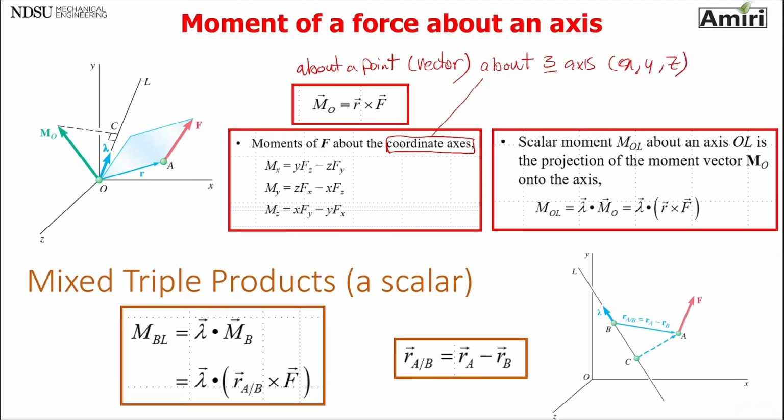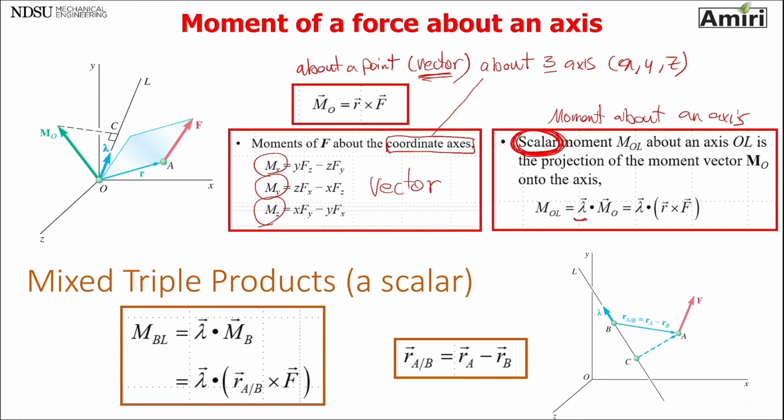It gives us moments about x, y, and z. This is a vector, as you can see it has Mx, My, Mz, three components. Now we want the moment about an axis. This is a scalar. This is a component about an axis.